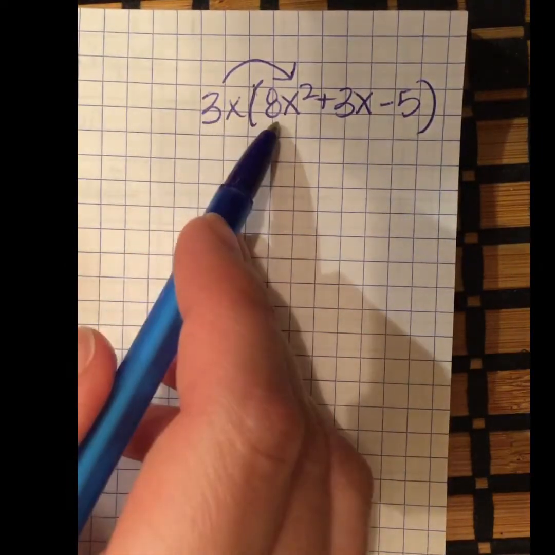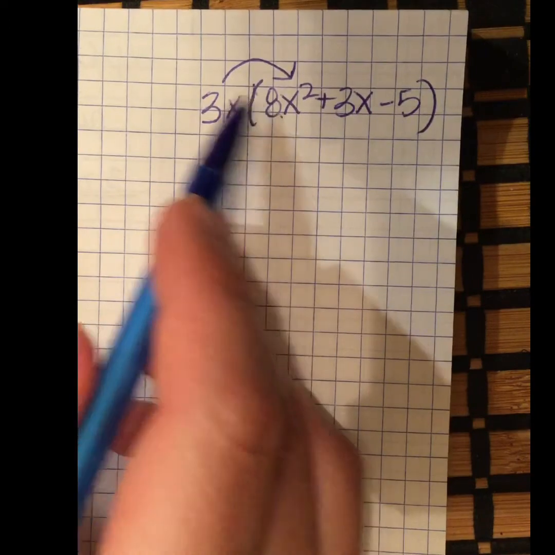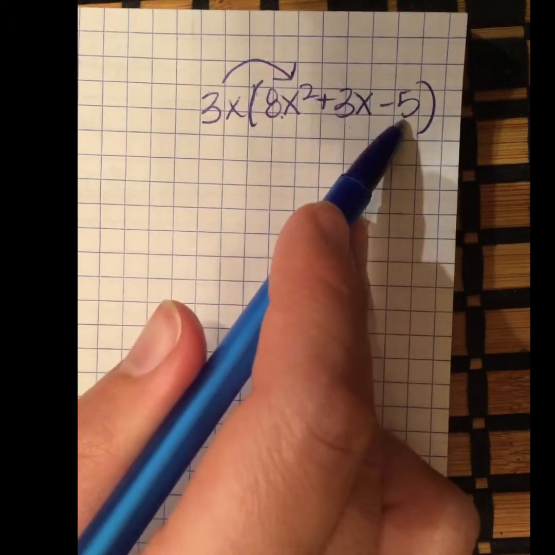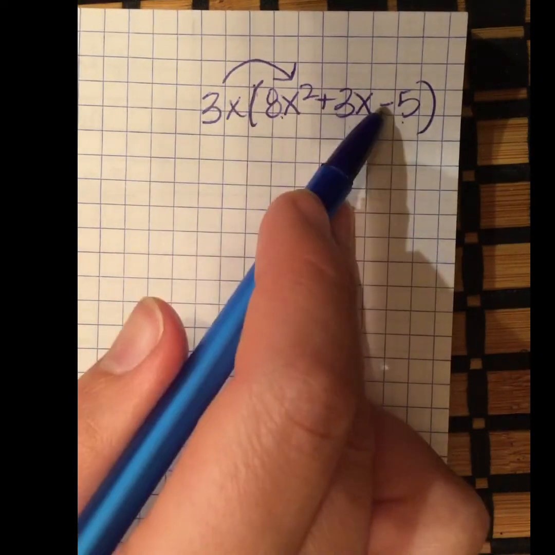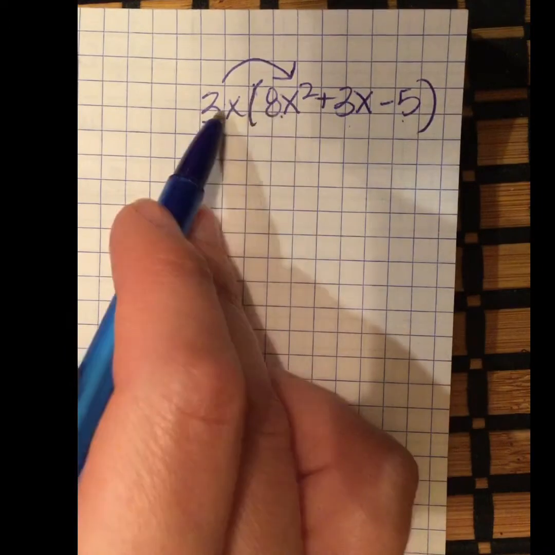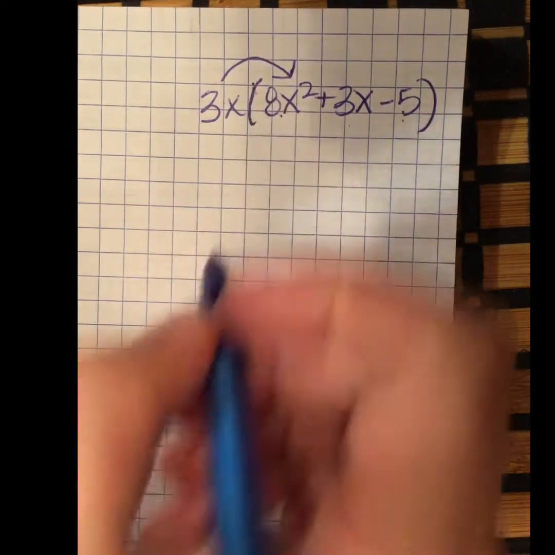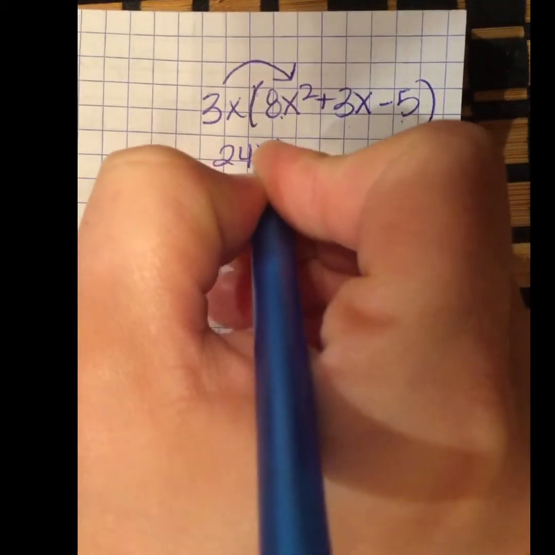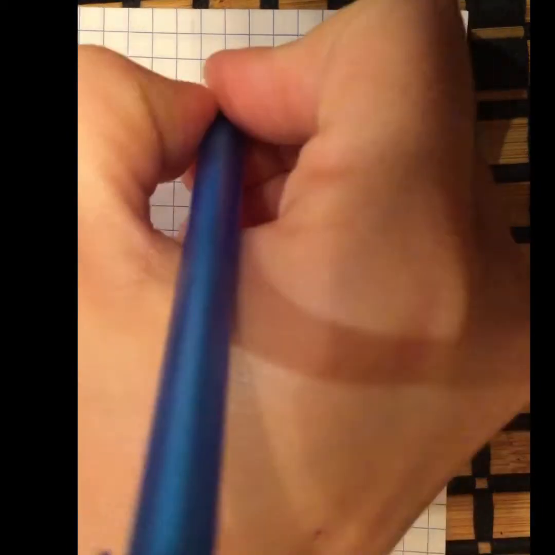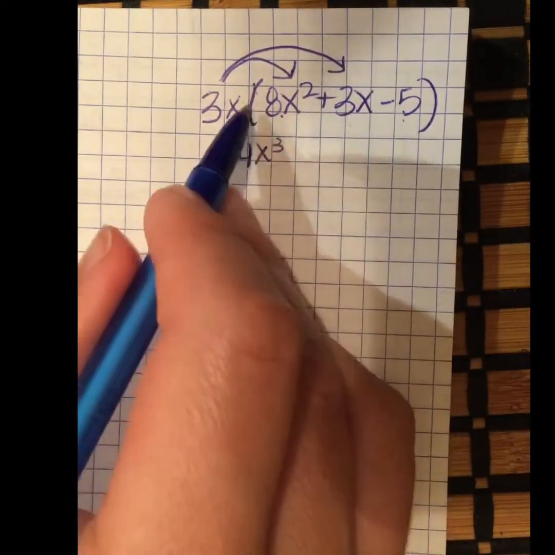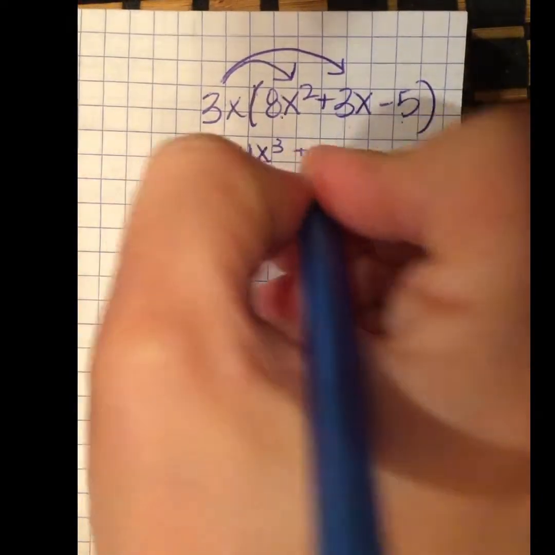So 3x is going to get multiplied by the 8x squared, then it's going to get multiplied by the 3x, and then it's going to get multiplied by the negative 5. So if you do all of that, this is what you would get. This would be 24x cubed, and then pass it out again, and you would get 9x squared.